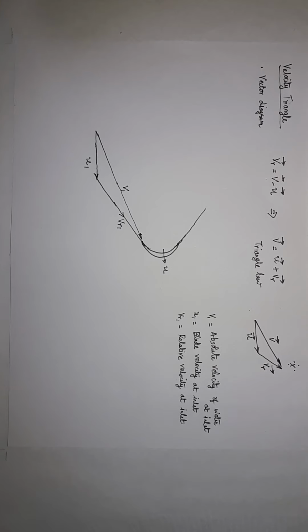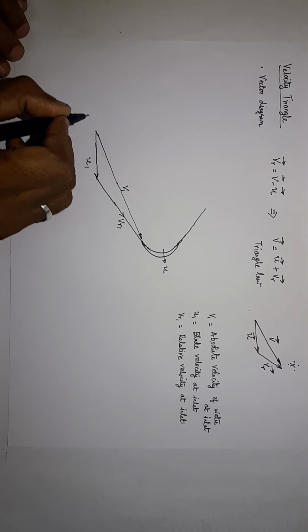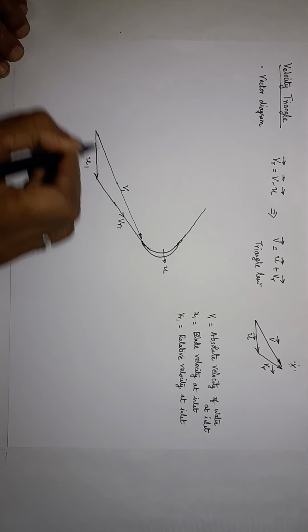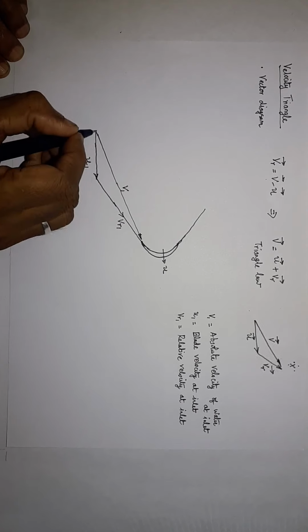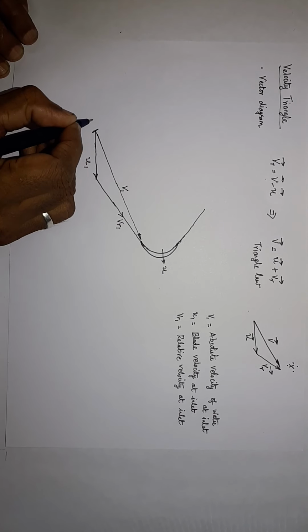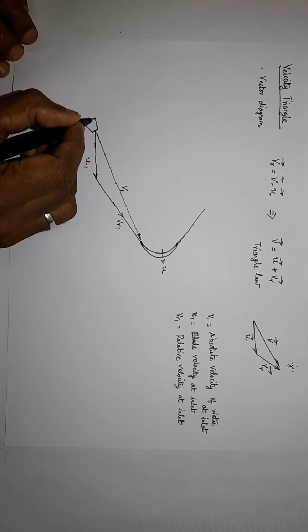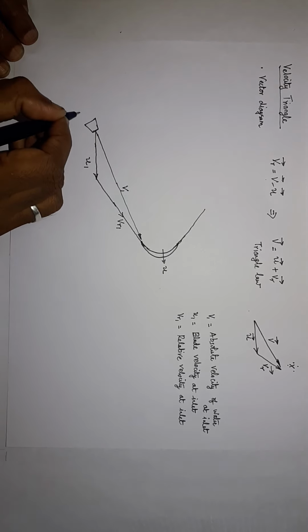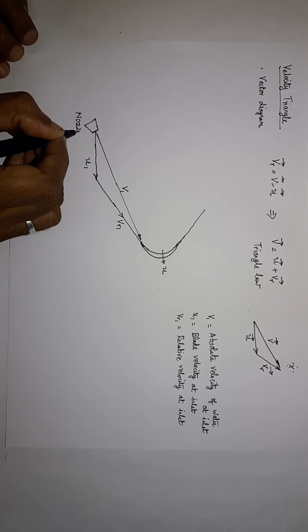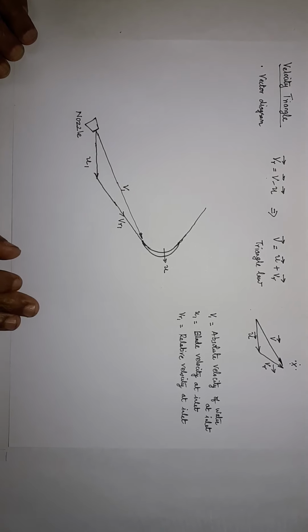Now we shall proceed with the other terminologies for developing the velocity triangle. Here is where the fluid is directed. You can think of a nozzle here if it is an impulse turbine.